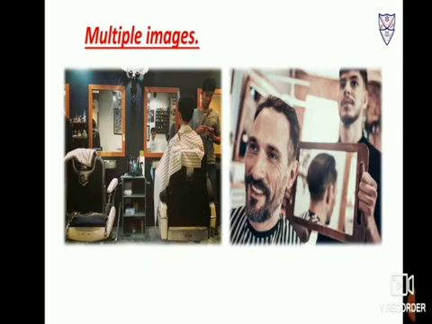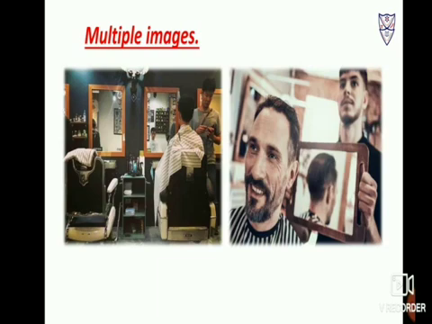When we visit a salon or a beauty parlor, we sit in front of a mirror, and after our haircut is complete, the hairdresser holds a mirror behind us to show us how the hair has been cut. So we need two mirrors to see the back of our own head.